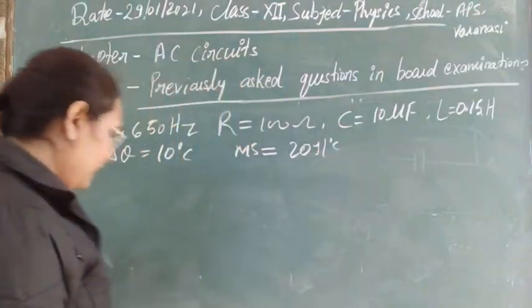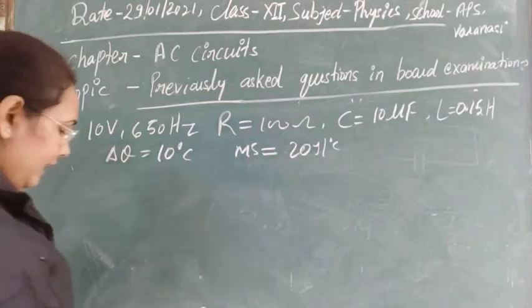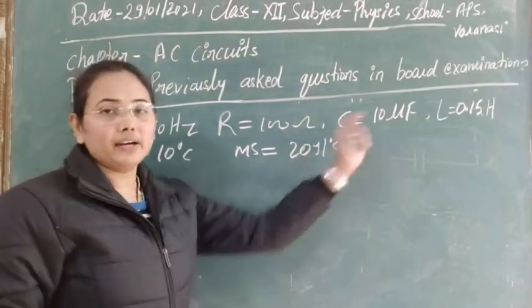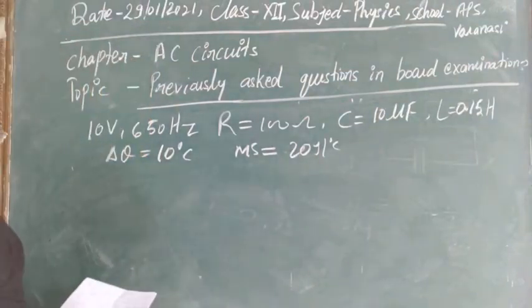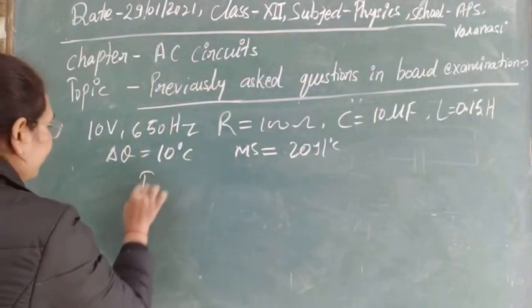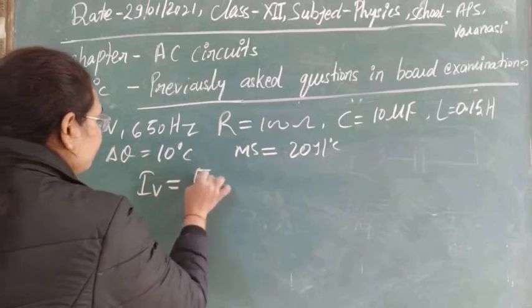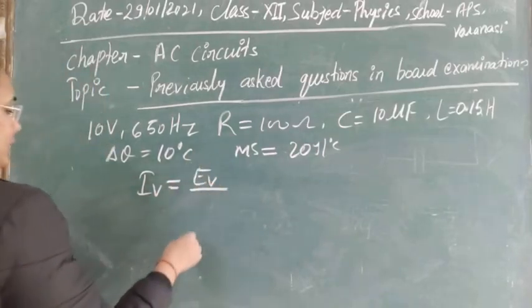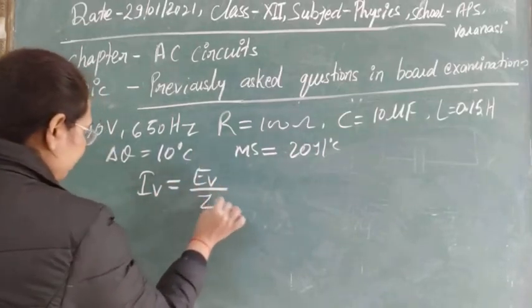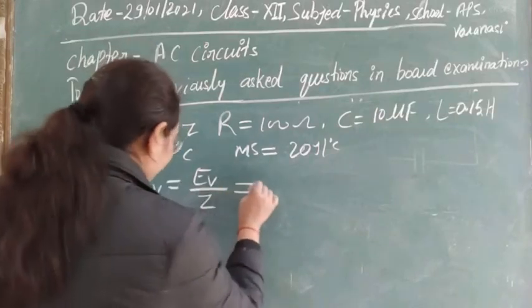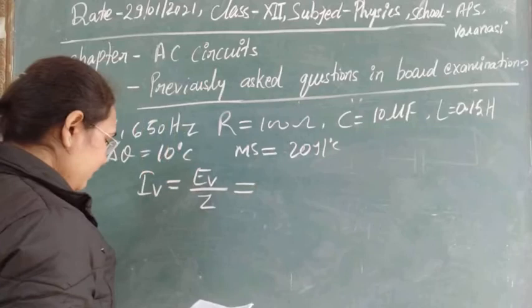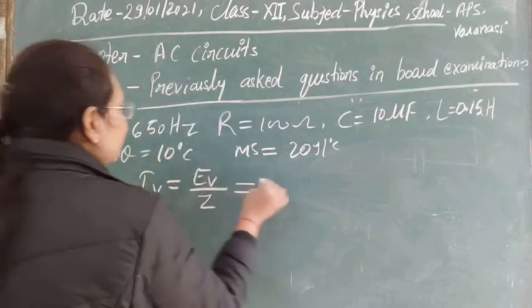For that, first of all, let's calculate the value of current flowing through the circuit. We can find the average value of current by the average value of voltage divided by the impedance of the circuit. Clear? The voltage given in our question is already 10 volt.